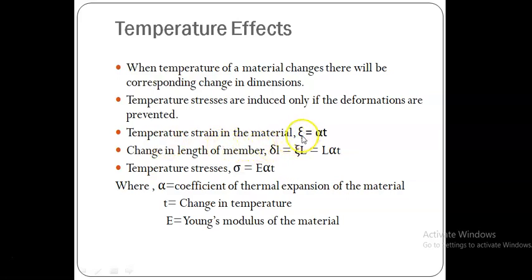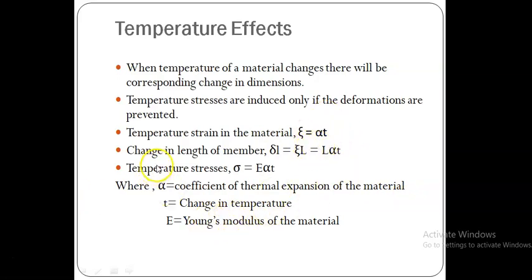The temperature strain epsilon is equal to alpha into T. What is alpha? Alpha is nothing but the coefficient of thermal expansion of the material. T is nothing but the change in temperature.